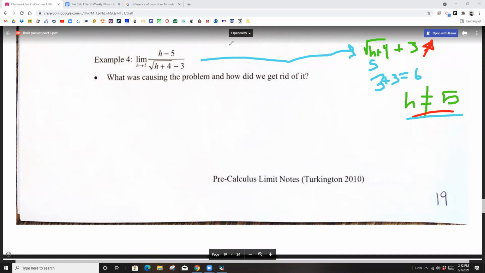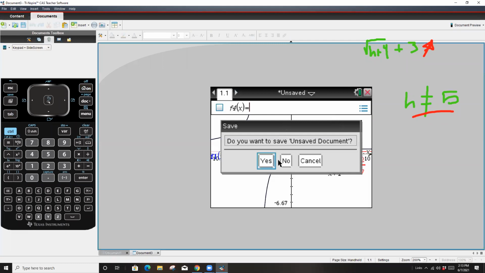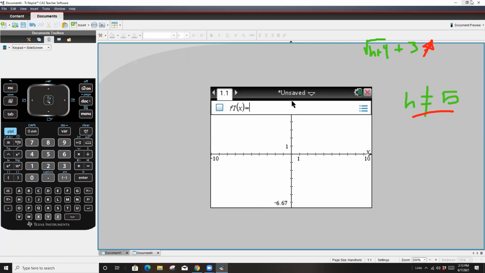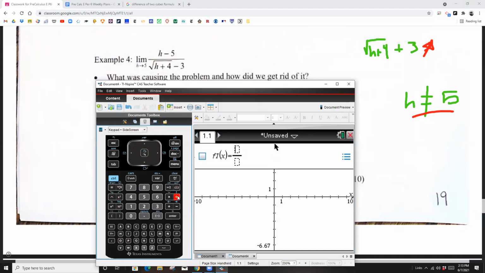And just to further reiterate that the green thing I have written and the original function are the same graph, just to prove that to you, we'll write it out and we'll graph it. So if I were to do h minus 5 over the square root of h plus 4 minus 3, I'm writing h, so it's not going to work.